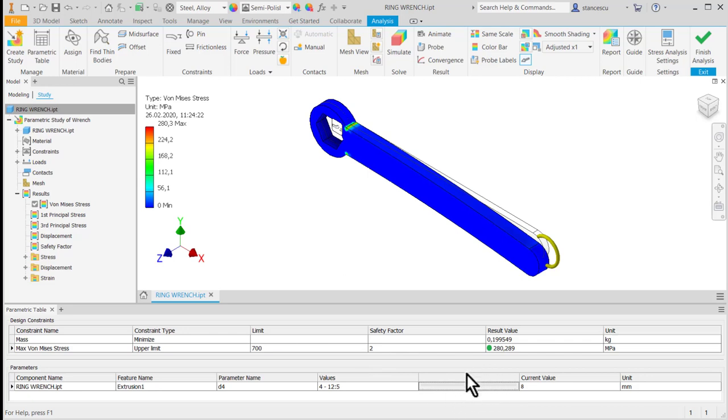So from here you have a better resistance but a greater mass. This is why we choose a wrench with 8 millimeters thickness, and this would be the accepted variant.